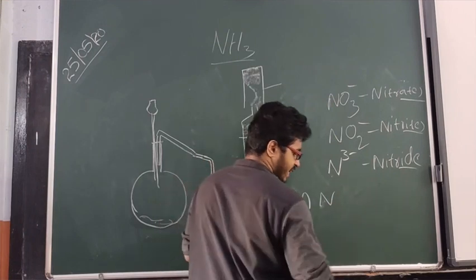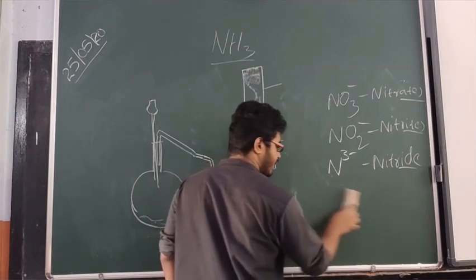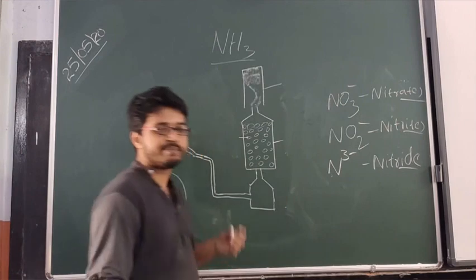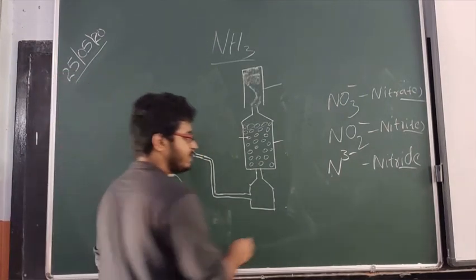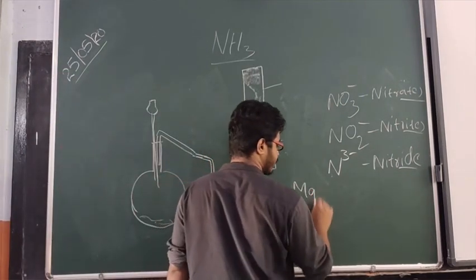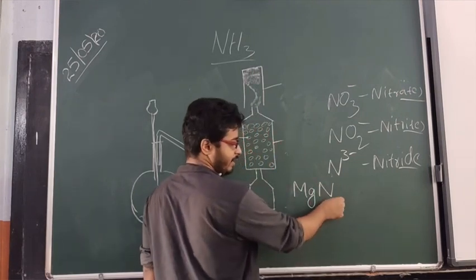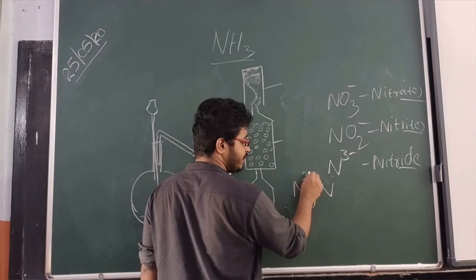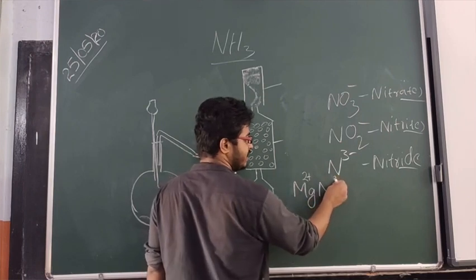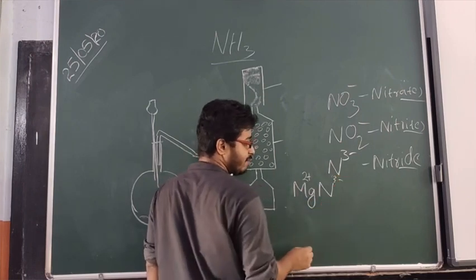The most commonly asked metal nitride is magnesium nitride, Mg and N. Mg has a 2+ charge, and nitride has a 3- charge.